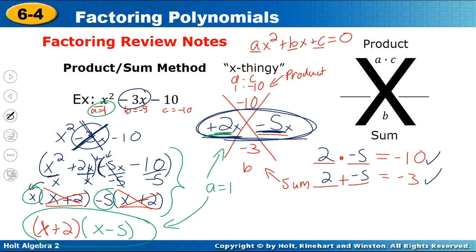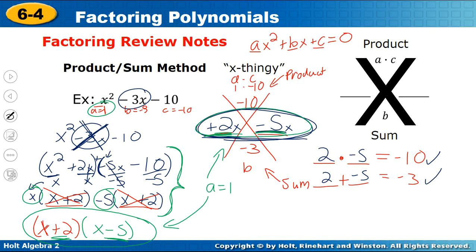Notice we had a plus 2 and a minus 5, right? Well, guess what we had at the end? A plus 2 and a minus 5. So if the a value is 1, those are always going to be the same. So once you figure this out here, you can kind of cut to the chase. You know it'll be an x plus 2 and an x minus 5. However, if the a value is not 1, you have to go through this much longer method.